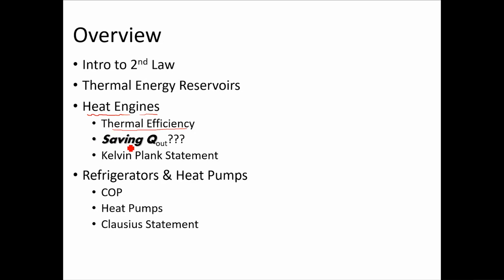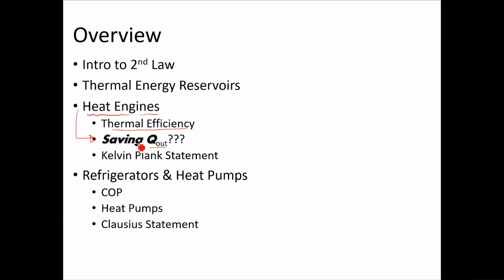An essential part of a heat engine is the heat which is being released out of the engine in order to have a continuous operation of the engine. So why is it that we cannot have an engine without releasing that amount of heat?